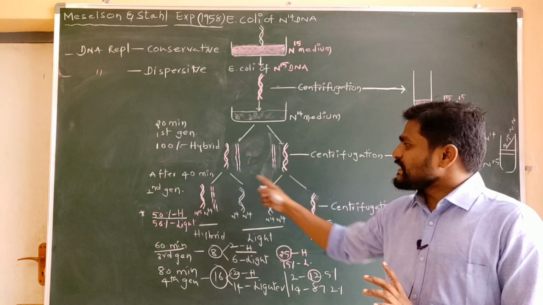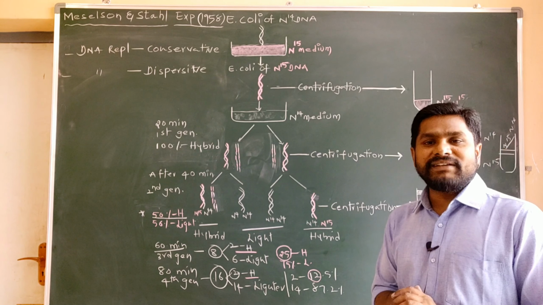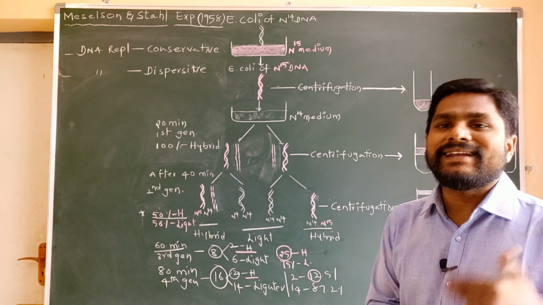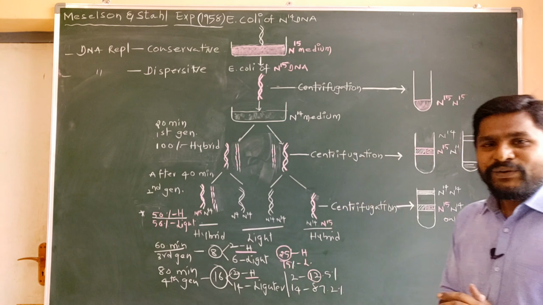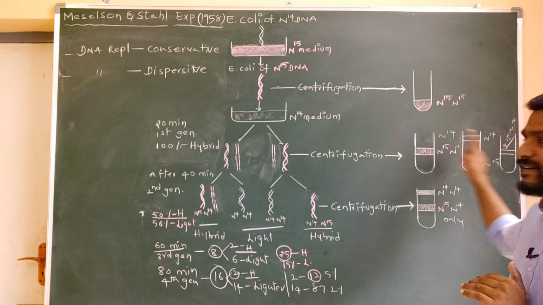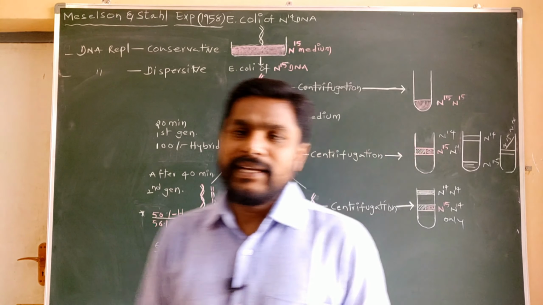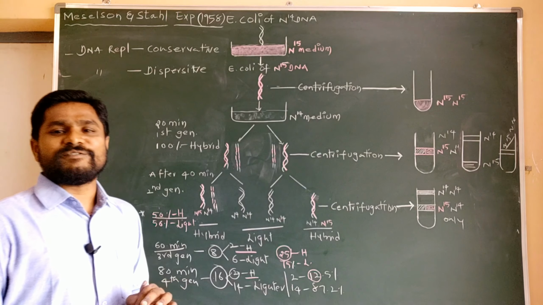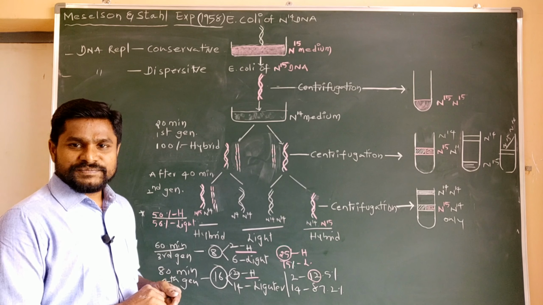But here the situation is different. The DNA of two E. coli cells has patches of N14 and N15 DNAs. So in semi-conservative and dispersive, they got a middle band in the first generation. So in order to disprove that DNA is undergoing a dispersive model of replication, they continued their experiment further.